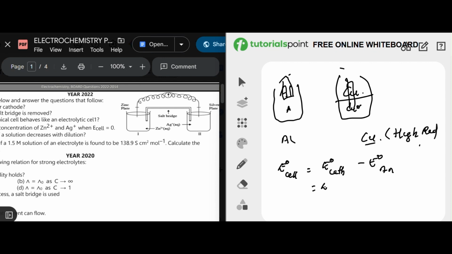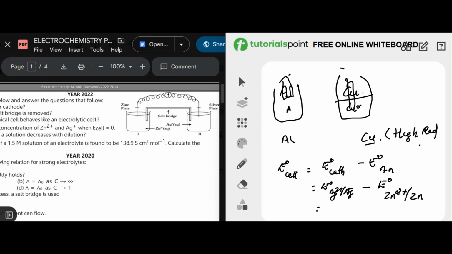Here cathode is silver, anode is zinc. One more thing you have to remember, whether it is cathode or anode, we have to take reduction potential only. Don't think that for anode we will be taking oxidation potential. Oxidation is happening at the anode, but you will be taking reduction potential for both anode and cathode.